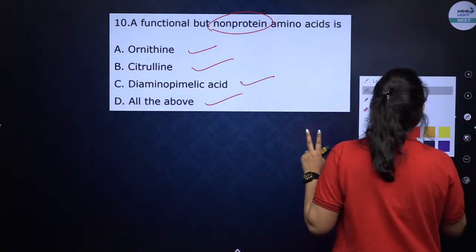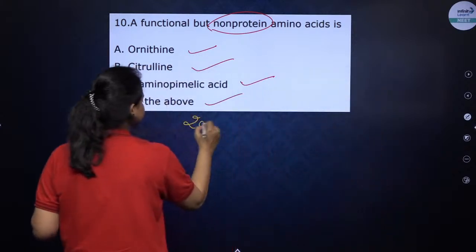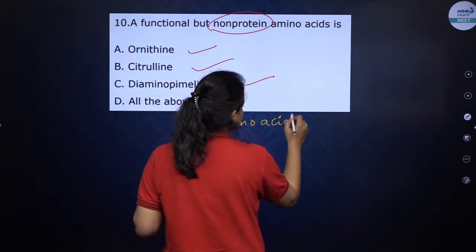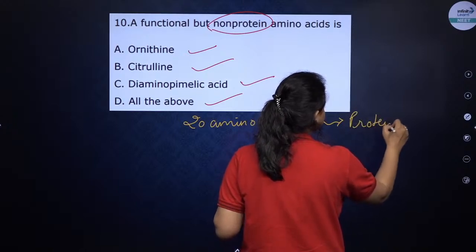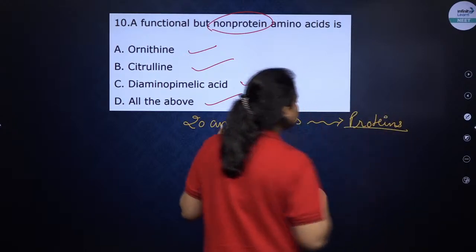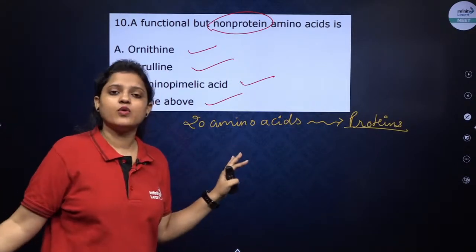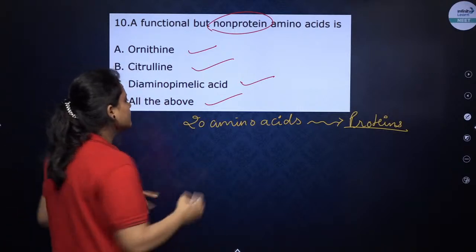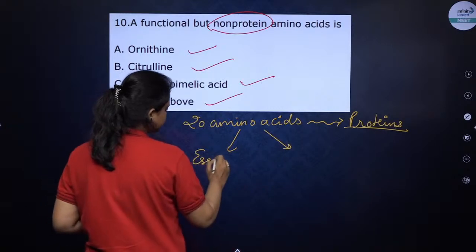There are only 20 amino acids which form proteins, and if we leave aside these 20 amino acids, there are around 300 amino acids which are non-protein amino acids, right?